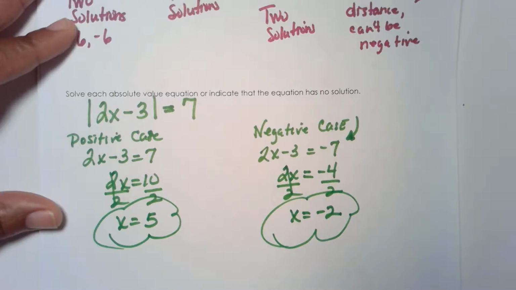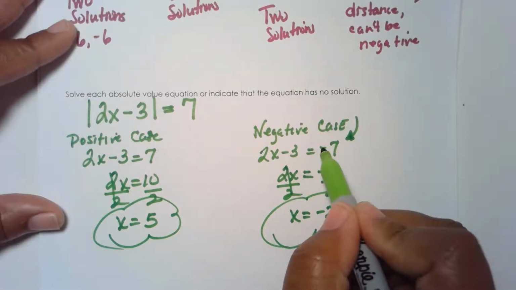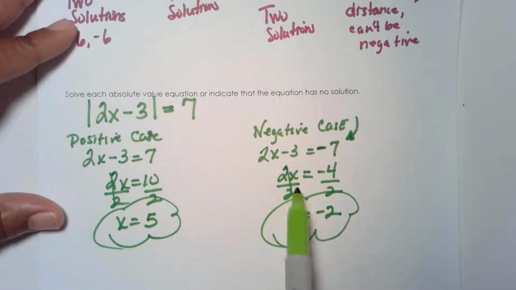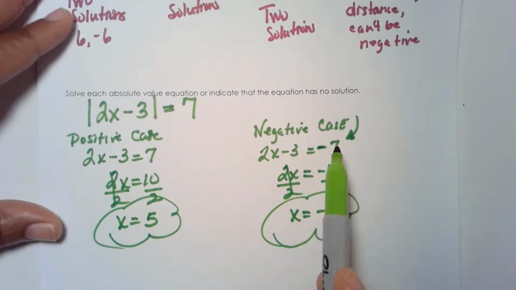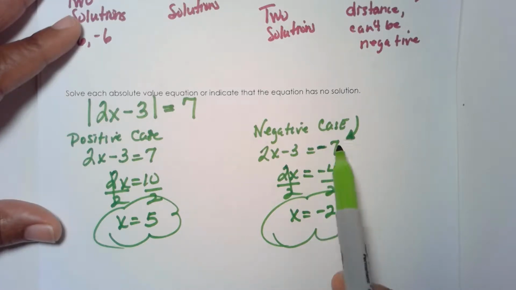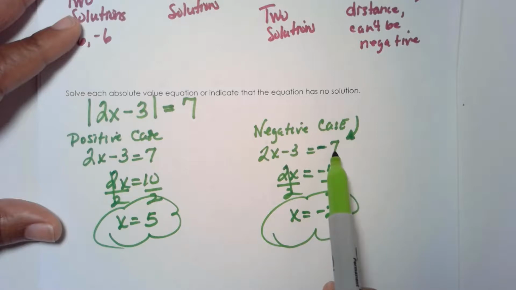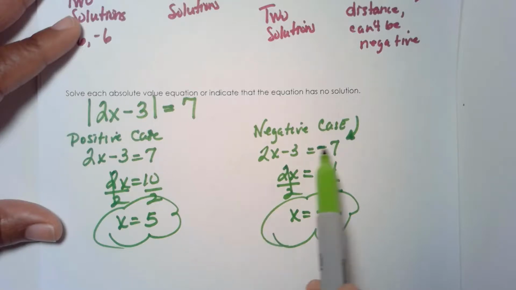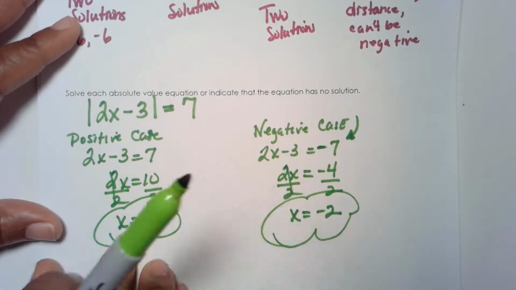Okay. Now, there's another way of representing the negative case that I just want you to see. If you forget to set the right hand side of the equal sign equal to a negative number, you can also do it for the left hand side, but it has to be one or the other as it represents the negative case.